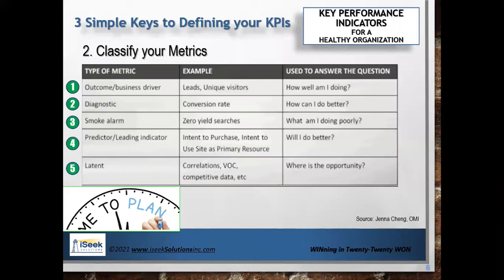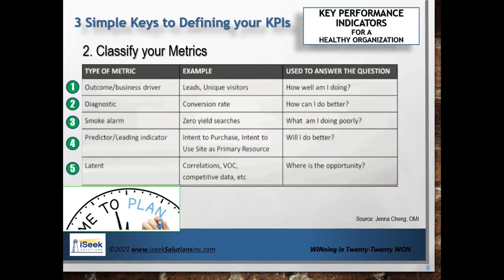The example you see here, zero yield searches, is when you have a product that you are selling or marketing, and someone has searched for or found your product, but for some reason they're not purchasing the product or the service or the solution.